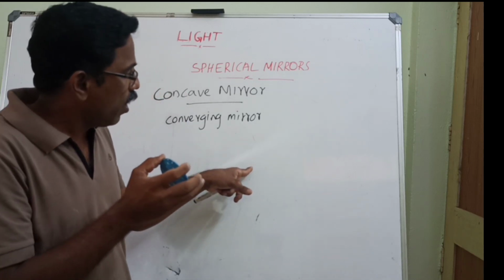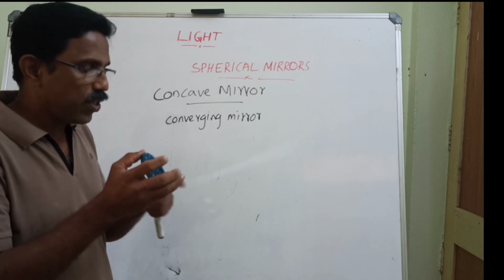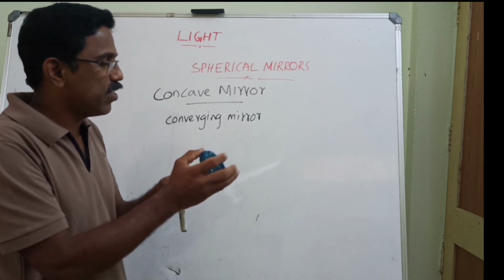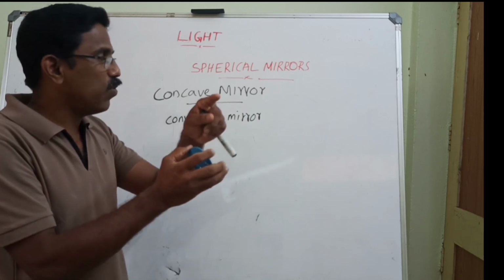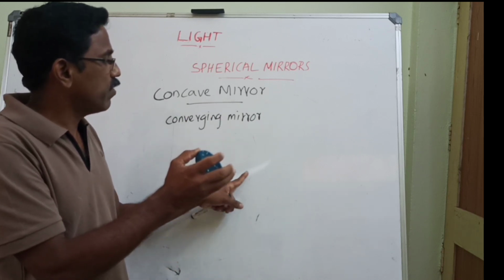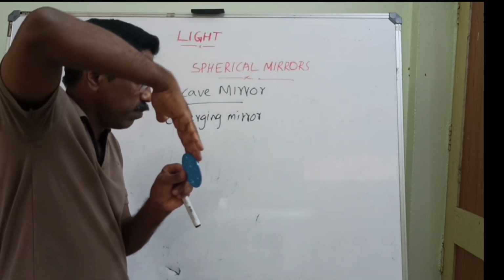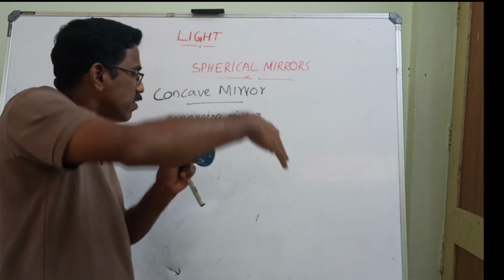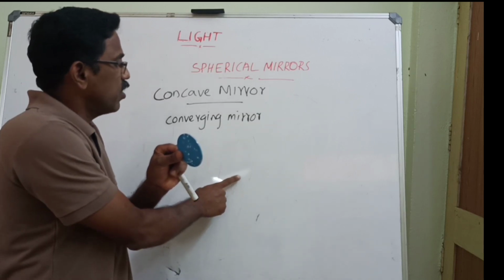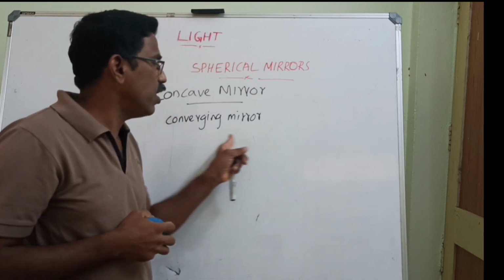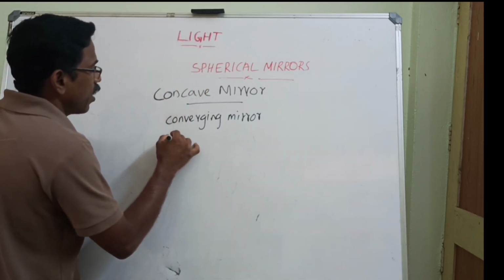You can see here this light is getting converged. So this type of mirror which can converge light is called a converging mirror. All the light rays falling on this mirror, after falling, you can see getting converged here. That is why this mirror is otherwise called a converging mirror. It can obtain a real image.